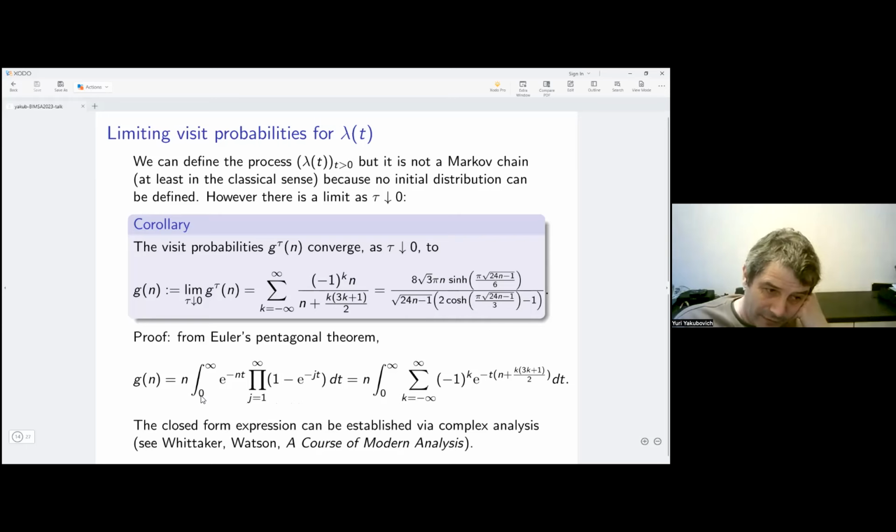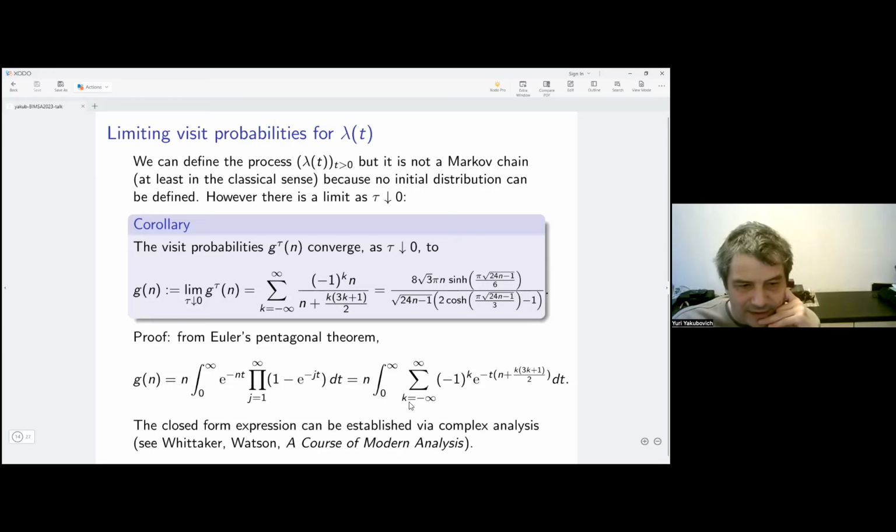In the previous slide, we had an integral from tau, but here we start from 0 because tau goes to 0. And then we use a representation of this infinite product as an infinite sum, sign changing to a sum of exponents.